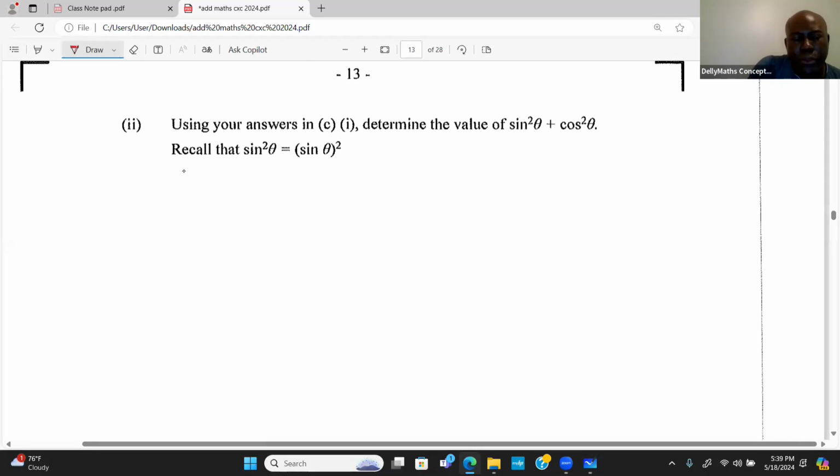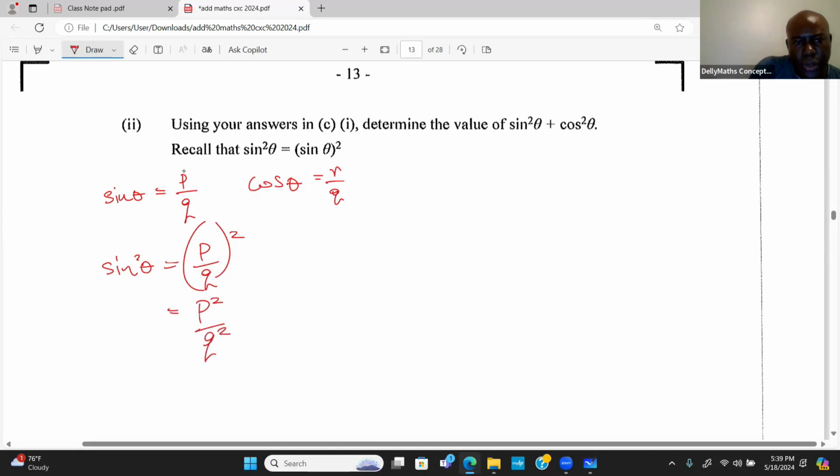So take a look at this idea. Remember though that sine theta was actually P over Q, and cos theta was R over Q. So let us square the idea. So sine squared is going to equal P over Q all squared, which is going to give me P squared over Q squared. And cos theta squared will give me R over Q squared, which is going to give me R squared over Q squared, right?